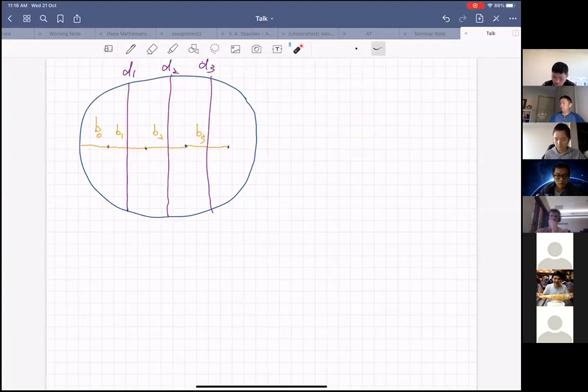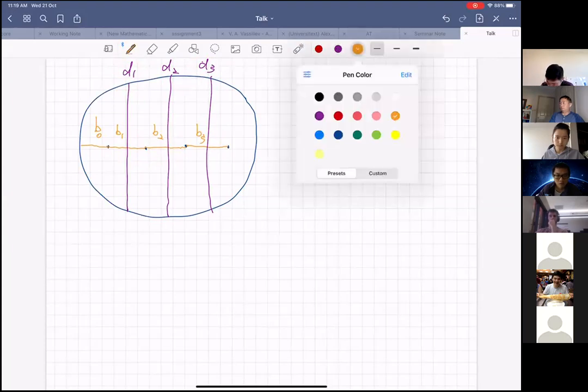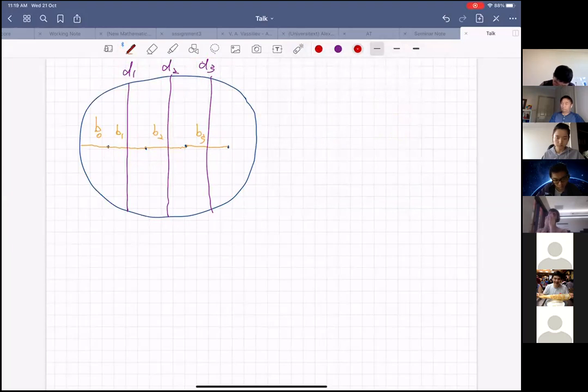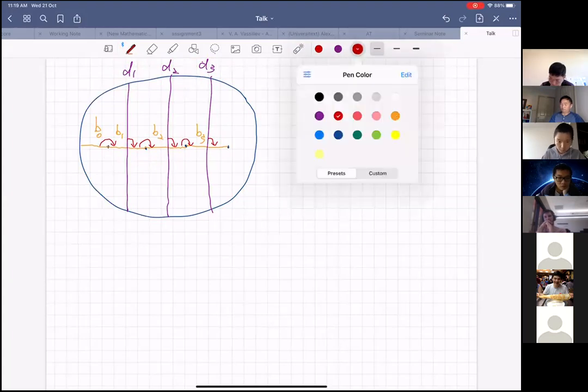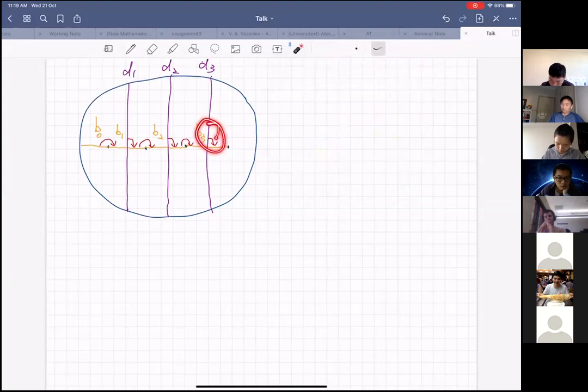So how are we going to lift this? We lift this disk. Note that just now we considered the local index. We need to know how to lift each of these. So you consider the intersection between Di and Bi, or Bi and Bi plus 1.